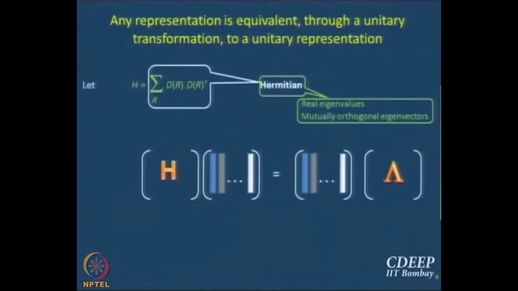Okay. Now, do you remember this equation? We had written H matrix multiplied by capital X matrix equal to capital X multiplied by lambda. What is the lambda matrix? Does this ring a bell? Remember this equation? Fine. Now see, what would be the adjoint of this X matrix?